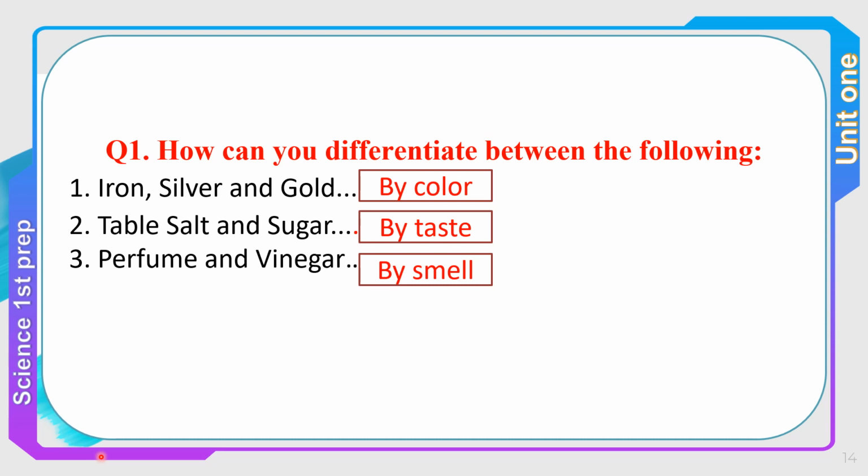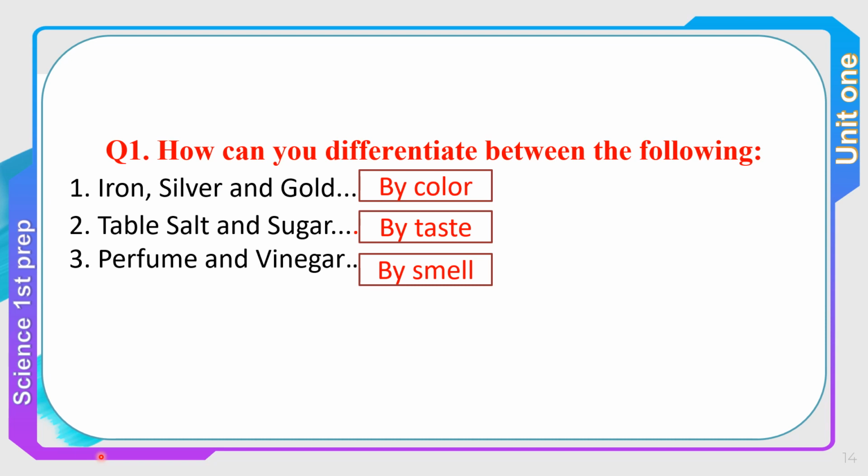So we took matter, and what is matter? Matter is anything that has mass and volume. We can classify matter properties into physical properties and chemical properties.